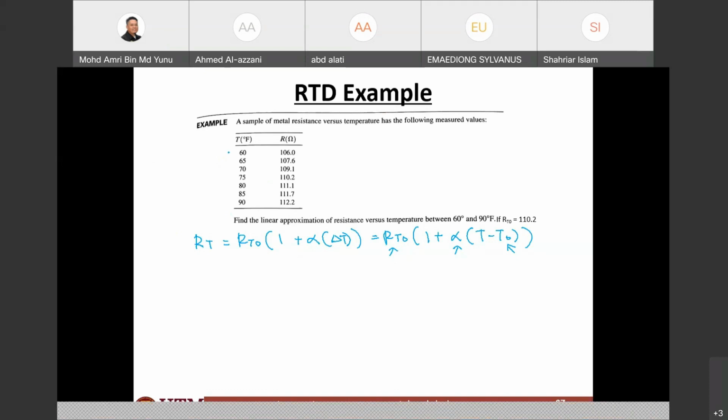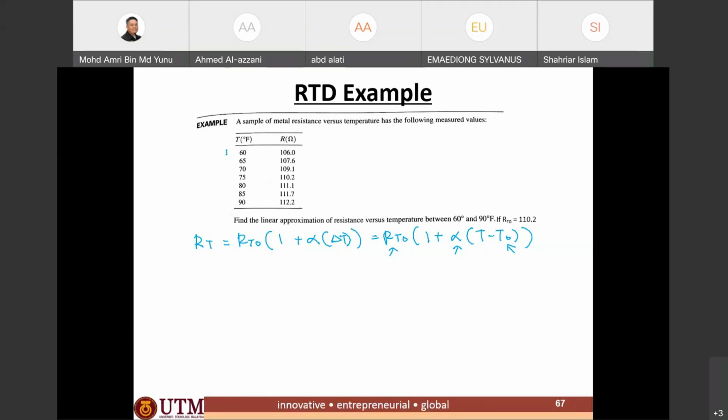So reference is usually at the midpoint. Let's say we have 60, 65, 70, 75, 80, 85, and 90. So there are 7 points.